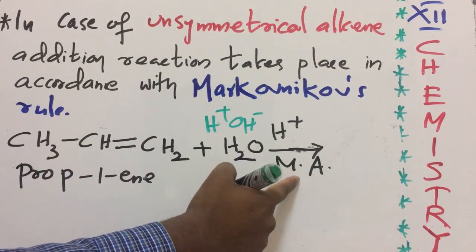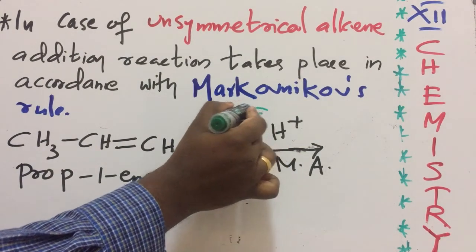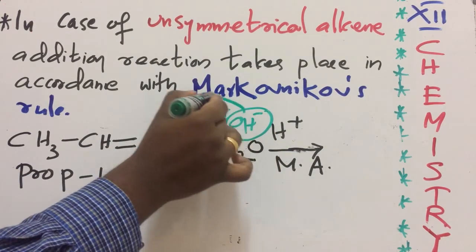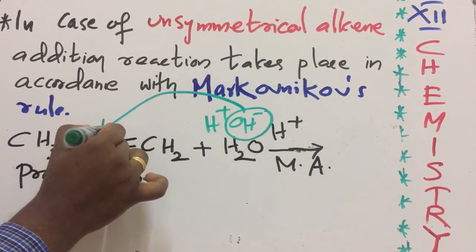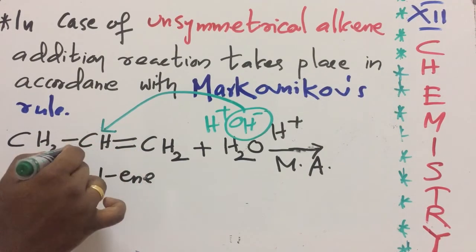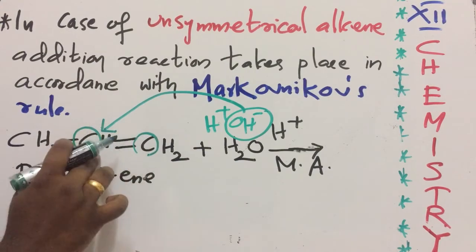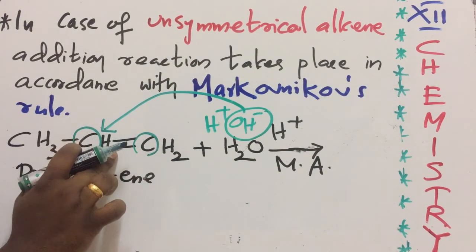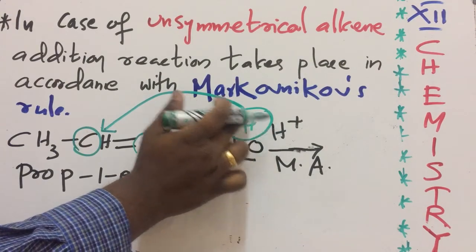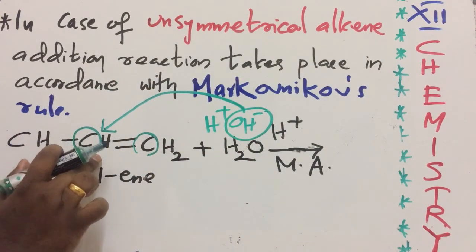So according to Markovnikov's addition, the negative part of the reagent, OH minus, will be added to the carbon containing lesser number of hydrogen. Here these 2 carbons are important because these 2 carbons are connected with the double bond.